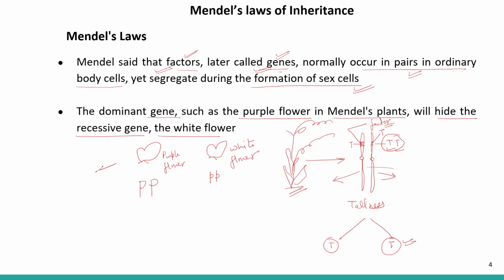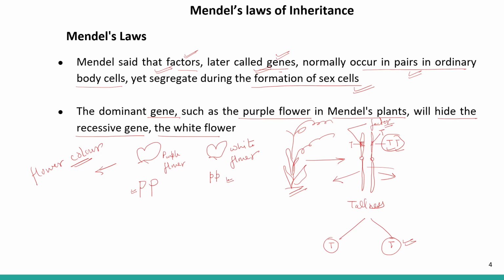We are taking flower color as the character, and at a locus of the chromosome, the purple flower will have capital P, and the white flower will have small p at the same locus.